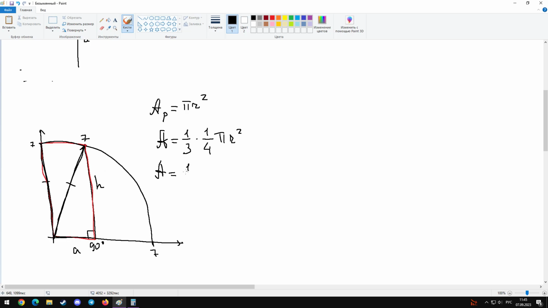The area of the triangle is 1/2 times A times H, and the area of the sector, let me remember correctly, is this angle theta divided by 2 pi times pi r squared. So the pi's cancel out. We have 1/2 times AH plus theta over 2 times r squared.